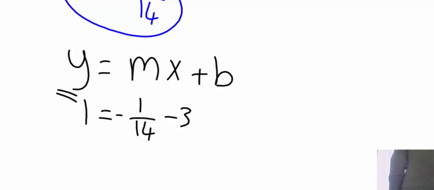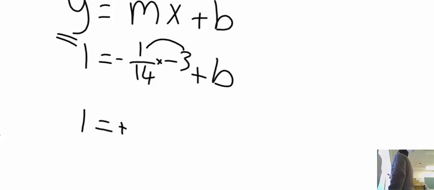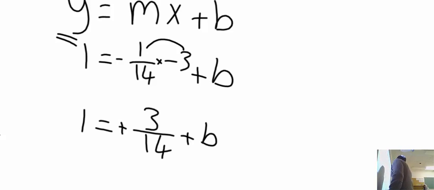But please do pay attention: this is a multiplication, m times x, plus b. b is the y-intercept I need to find out. Now all I have to do is find out what those numbers equal. This will be 1 equals, negative times negative will give you a positive sign, and 1 times 3 is 3 divided by 14, plus b.